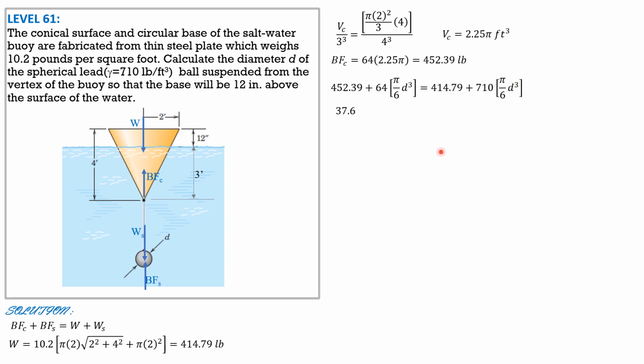So simplifying, 37.6 equals 646 pi over 6 diameter cubed. From here we can solve for the diameter in feet, 0.4808 foot. Then multiply this by 12 to convert it to inches. So in inches, the diameter is 5.77 inches.